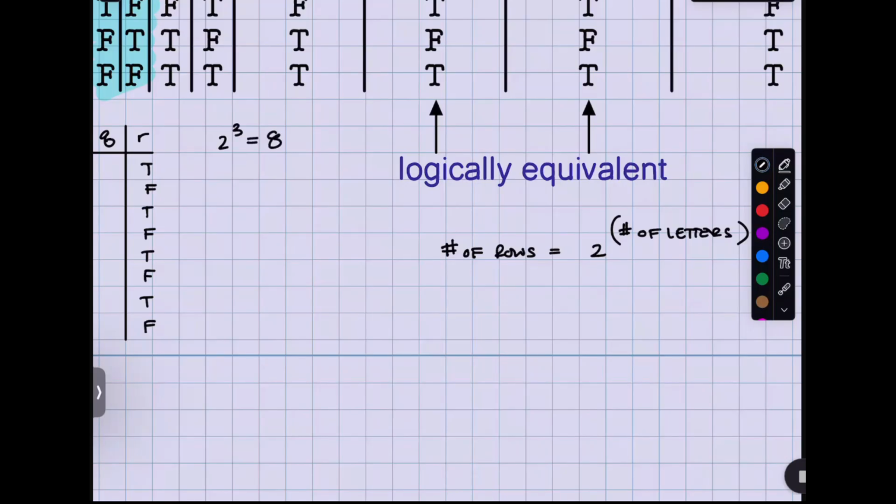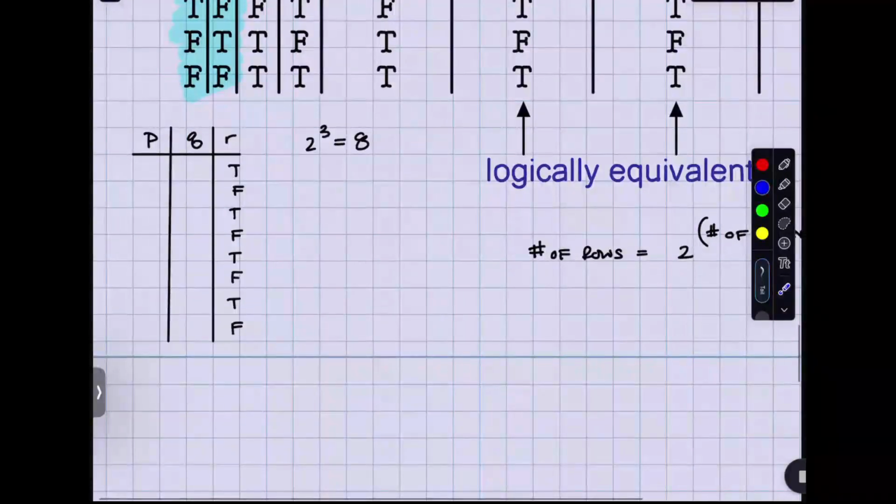So I know there's going to be 8 rows. Right? So I start from the end: true, false, true, false, true, false, true, false. That's 8 of them, yes? The previous one, I'm going to double that. So true, true, false, false, true, true, false, false. Then when I go previous, double 2 of them. What was double of 2?